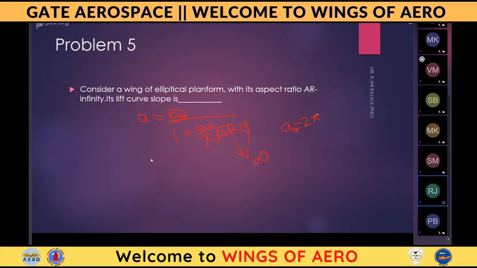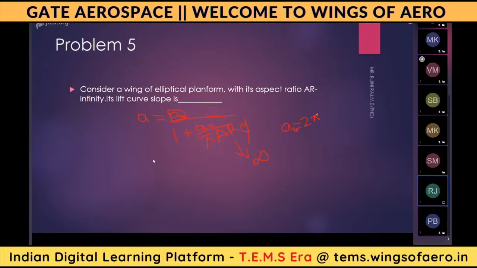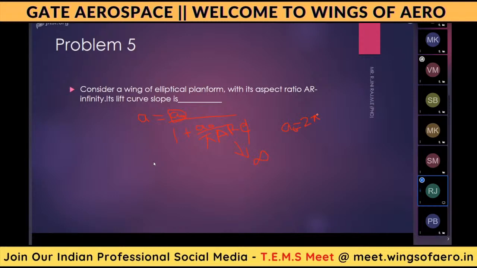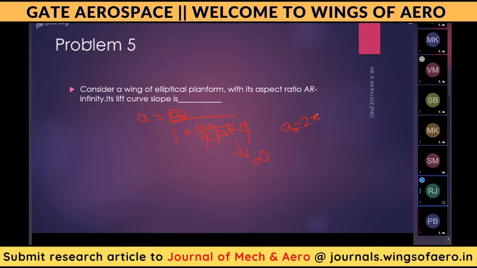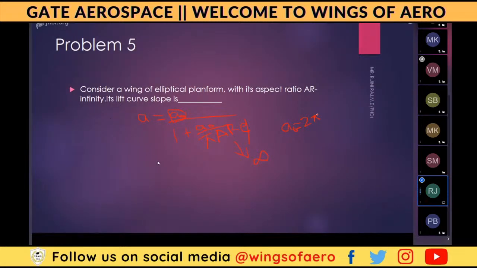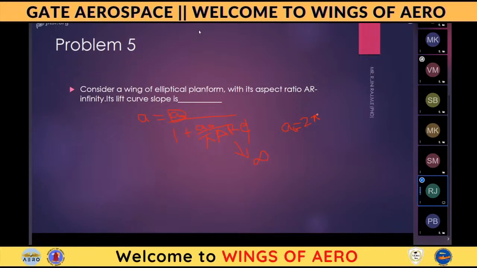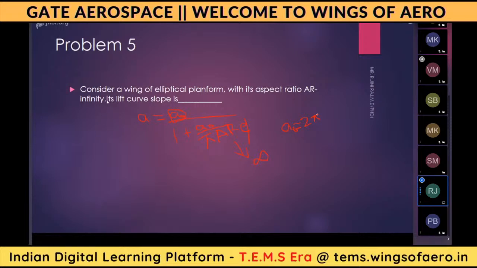Sir, the answer is 2 pi. Yes, 2 pi is also okay. Here I need to stress one thing: suppose it is not an MCQ type question. If you write it like this also, it is okay, the answer is correct, 2 pi only.